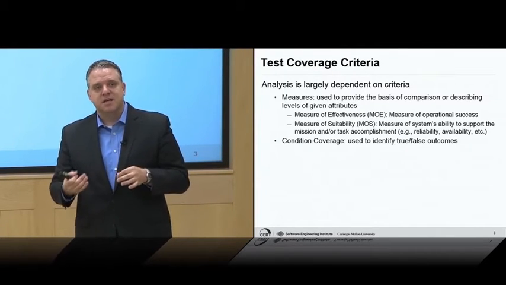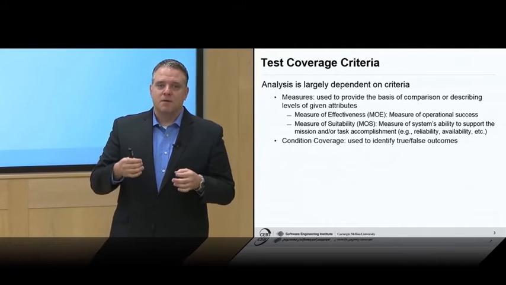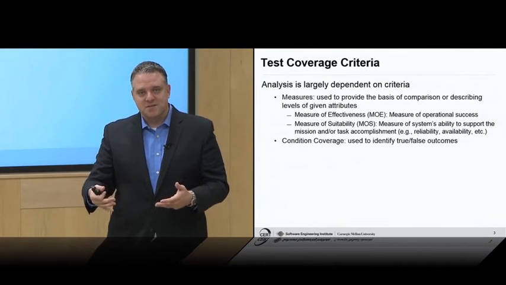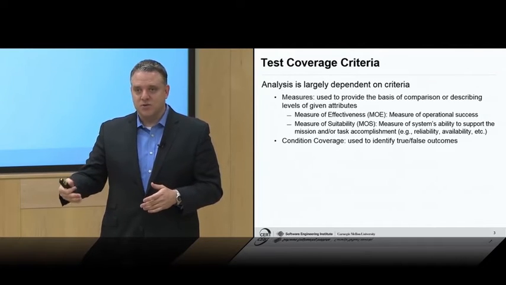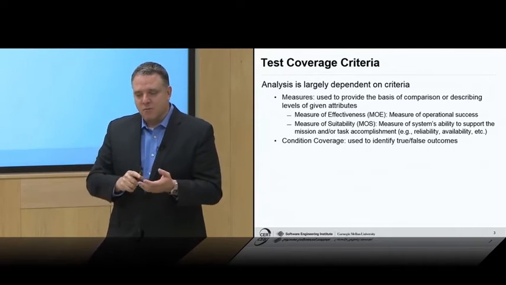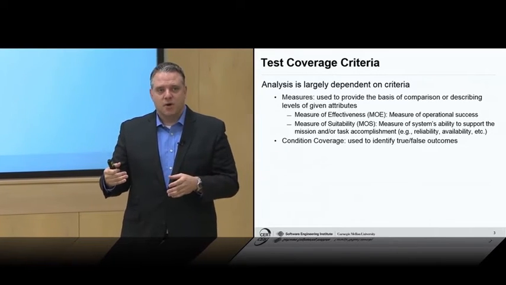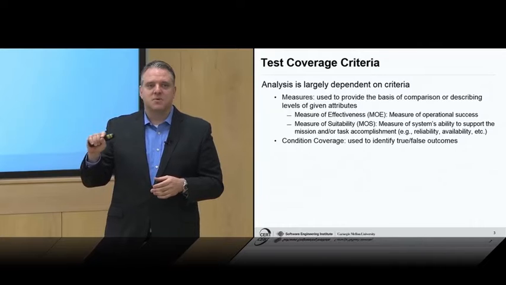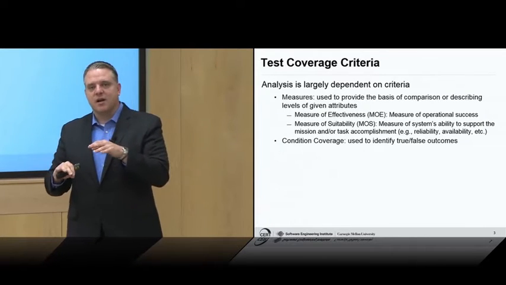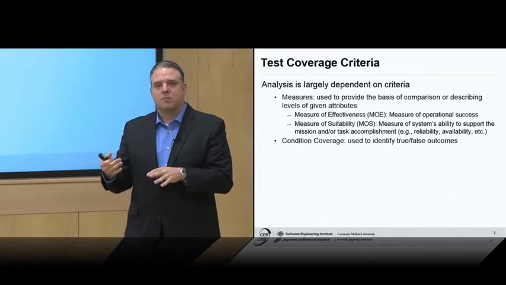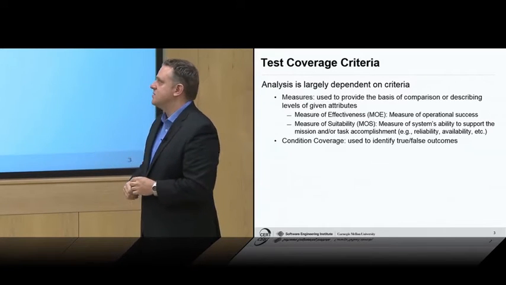Measures of suitability says, does the program do what I want it to do? Does it accomplish the tasks that it needs to do and that it was designed to do? So from a reliability standpoint, availability standpoint, does the program work? There's almost a fine line between those two, but there are 2 different areas that you're using measures for test coverage to make sure that the program does what you want it to do.